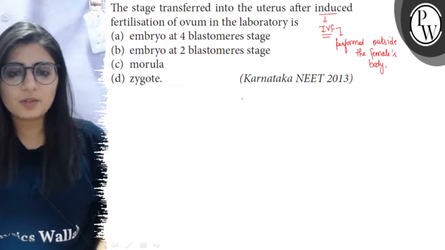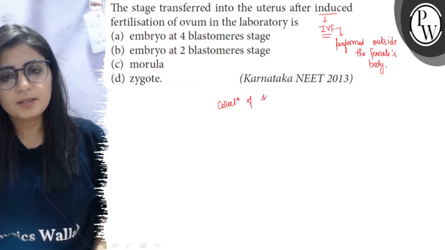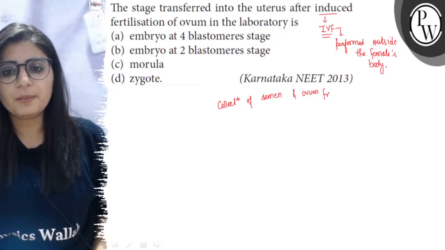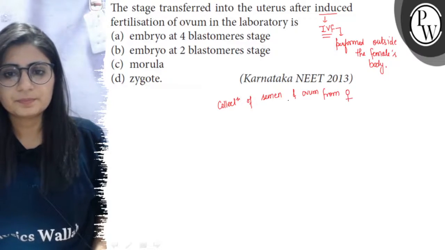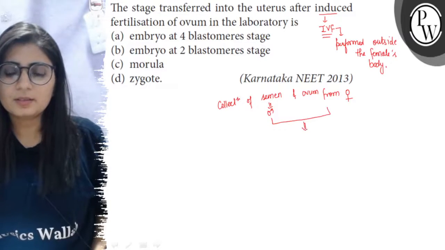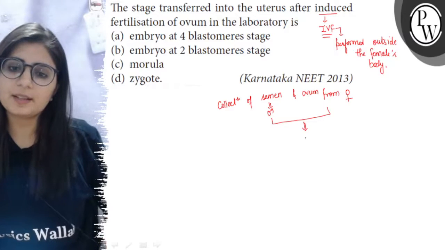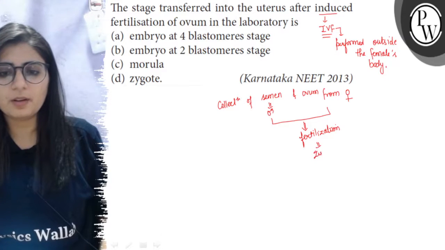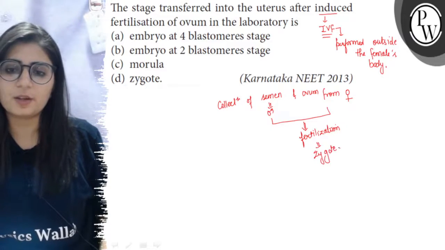First it involves the collection of semen from the male and ovum from the female. Now these semen and ova are kept together in a test tube where fertilization is achieved, and fertilization leads to the formation of a unicellular zygote.